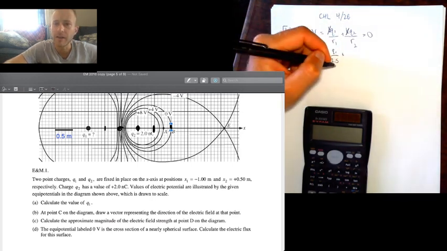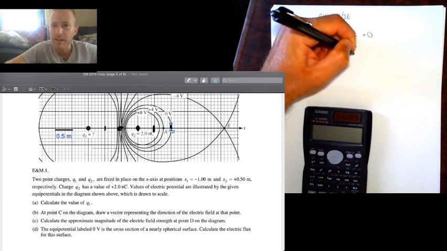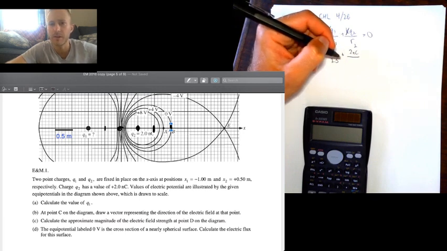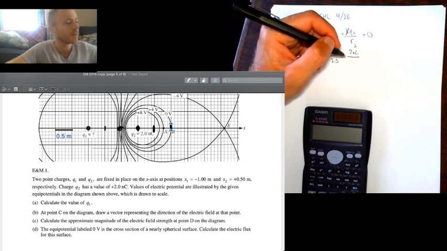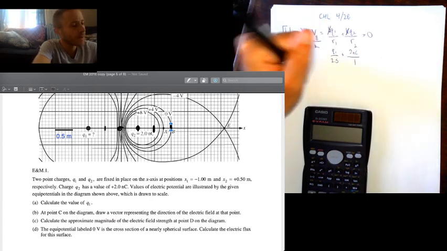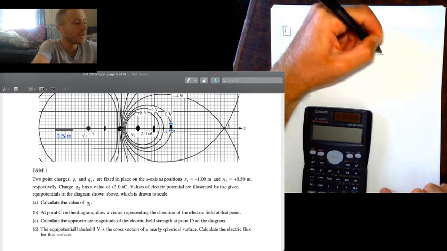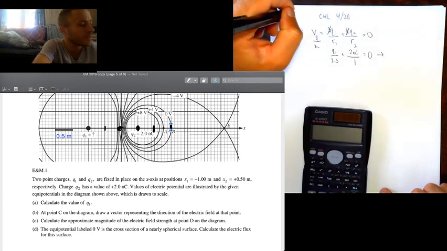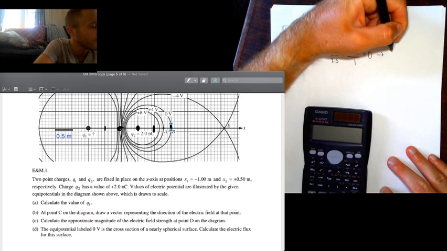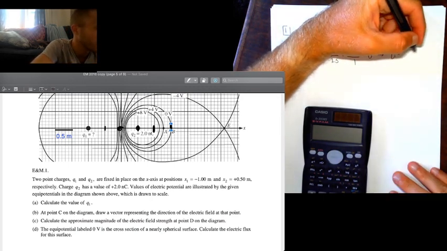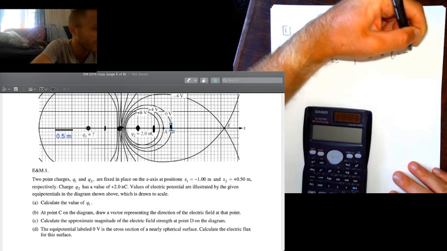And then Q2 is 2 nanocoulombs, and it is only 2 squares away. So that would be 1 meter away. All right. So solving that equation, it says that Q1 equals, it looks like minus 5 nanocoulombs.